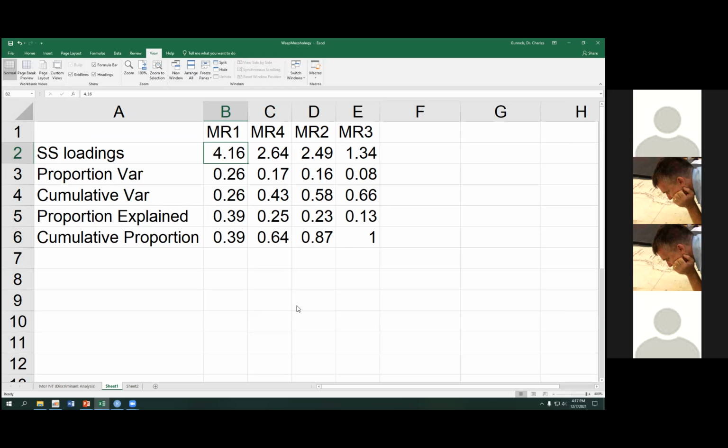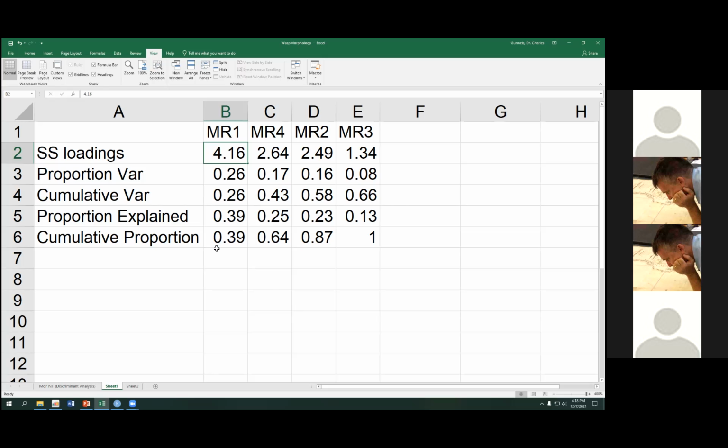The take home from the eigenvalue, not how it's calculated, but the take home from the eigenvalue is it describes the overall contribution of that factor. And therefore, if it is greater than 1, it does a better job explaining the data than any one of the variables by itself. Our first eigenvalue is 4.16 for the first factor.